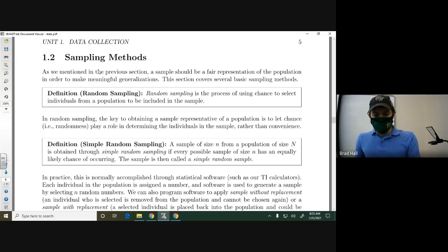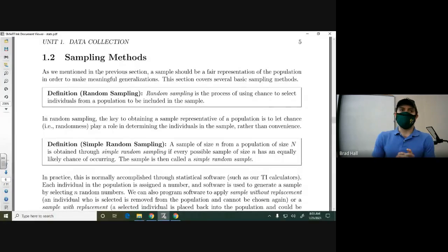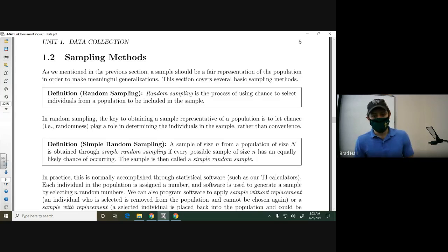And you may think that if you go to a grocery store and you ask 20 random people in the store at one time what their shopping habits are like in order to figure out what inventory to purchase, those 20 people in the store at that one time may not be, even though you picked them out randomly, that still might not be a random sample. A truly random sample would be any person who goes to that store has an equal likely chance of being picked, even if they go to the store once a year.